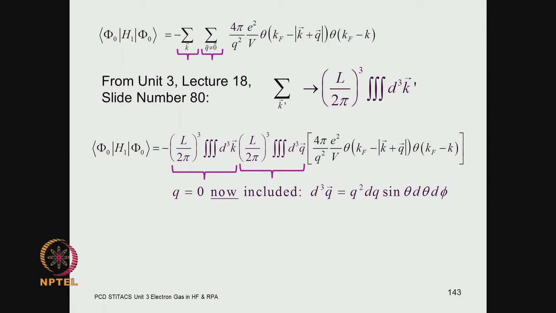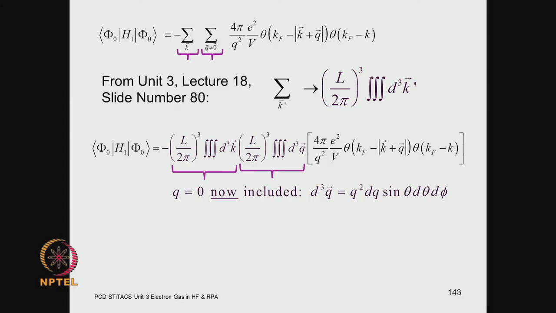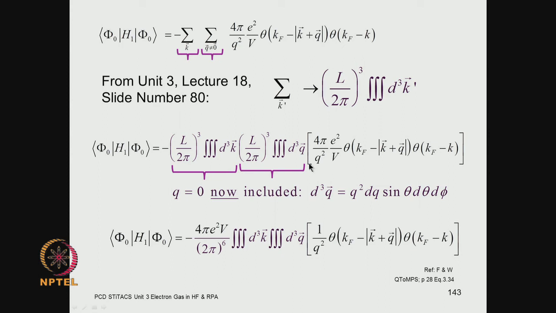So, when you carry out the corresponding integration, you do not have to worry about it. Okay. So, q equal to 0 now can be included, because you are doing this integration and you get the q square dq term in the volume element in the momentum space. Of course, you will get a factor of 4 pi.